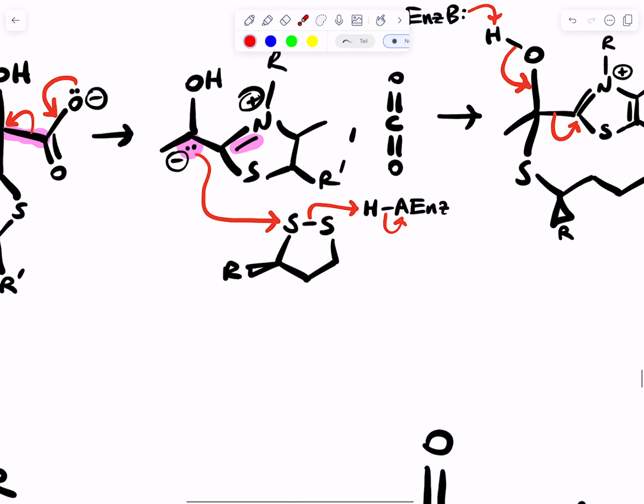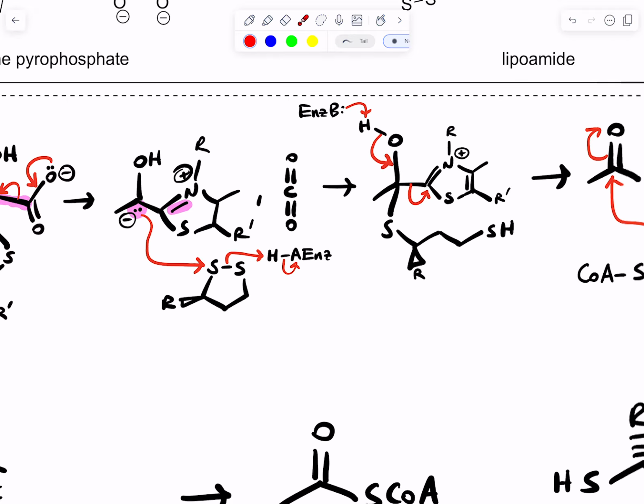You then form, using the negative charge on this carbon, a new carbon-sulfur bond with the lipoamide disulfide. This is a direct substitution reaction. Lone pair electrons attack this sulfur, attack the sigma star associated with that bond. You break the bond and protonate this group as it leaves.